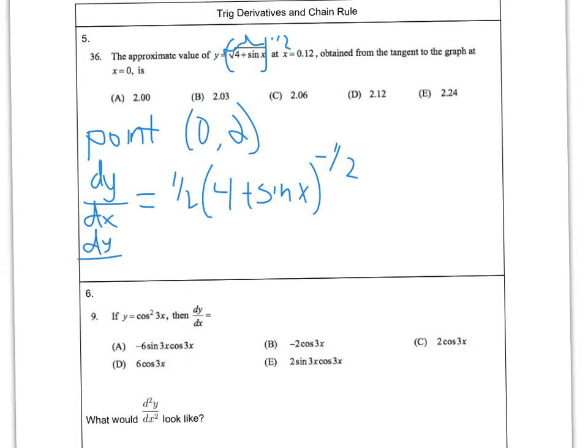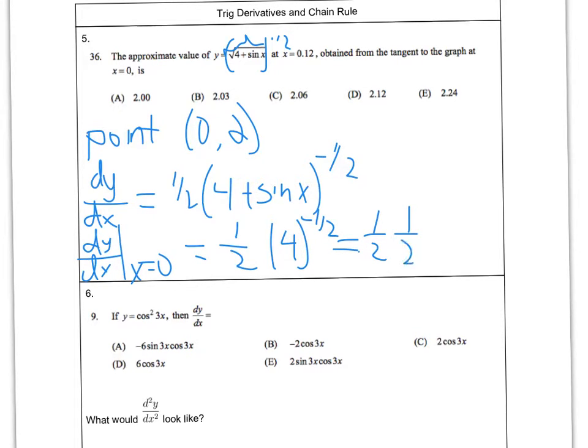So dy dx, when x equals 0, it's going to be 1/2, and then 4 plus 0 to the negative 1/2. 4 to the 1/2 is 2. 2 to the negative 1 is 1/2. Half times a half is a quarter. So that means my tangent line is y equals the y value plus the slope, x minus the x value.